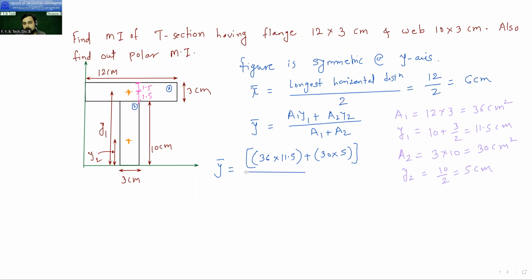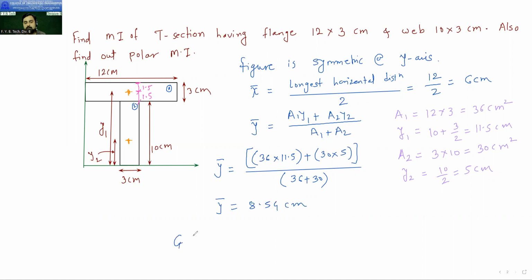Then divided by, in the bracket, 36 plus 30. If you put the brackets like this while giving the values to the calculator, then you will get the correct answer. So your y bar is 8.54 centimeter.